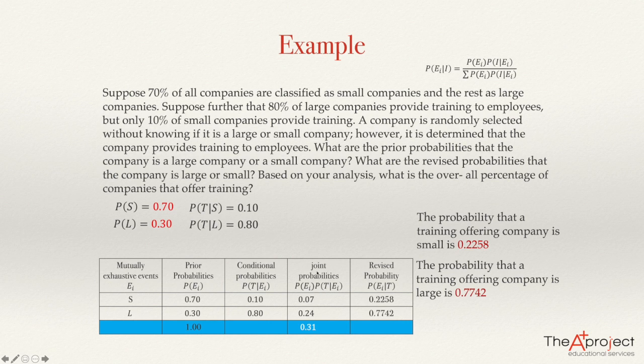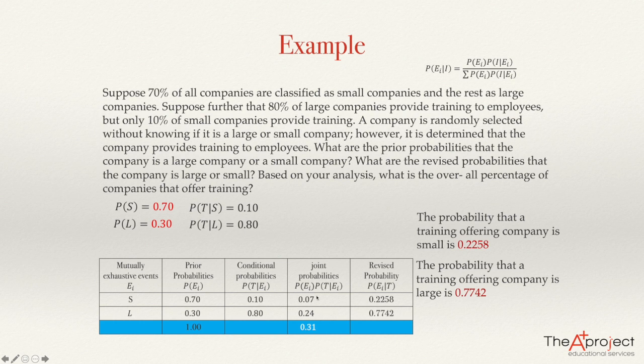When we say joint probability, we are thinking of the probability of S and T. And this is the probability of L and T. So the probability that the company provides training will be the probability that it provides training and is small, plus the probability of providing training and being large.